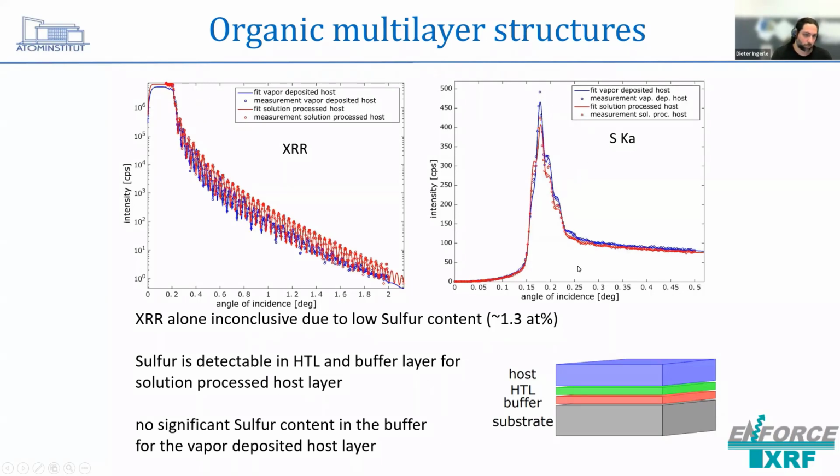So in this case, the fluorescence was again quite helpful because we could selectively detect the sulfur. And then we realized that the best fitting model was the one with some sulfur further down below in the HDL and buffer layers for the solution processed host layers. So it looks like there was some diffusion going on.